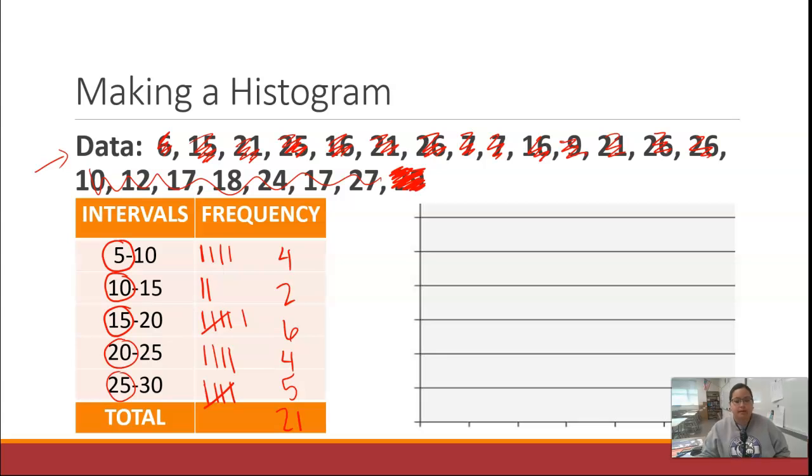Now what we do next is we come over to our graph and we label our graph. So this one is the gallons of gas purchased, and that was given to you in your notes. So I title this gallons of gas.